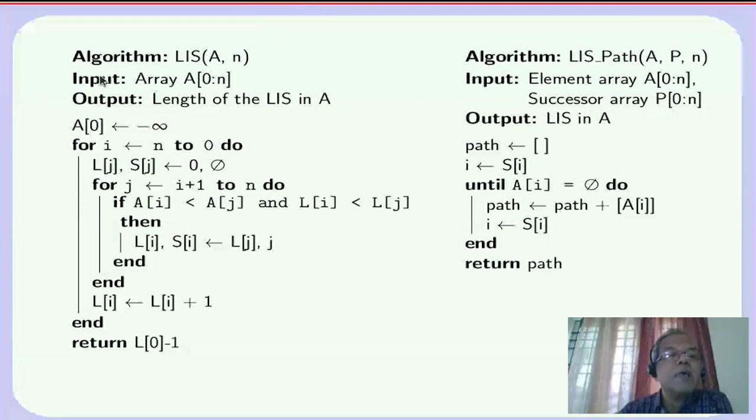I have copied and pasted the original algorithm and added this: S at I. Formally, initialize L at I becomes 1. Now I have initialized L at I with 0, and finally I am updating it, incrementing it by 1. So it's all okay. To start with, I say there is no successor for I. Only after I have found the longest increasing subsequence, the length of the LIS, I will have a successor for I. So here is the change.